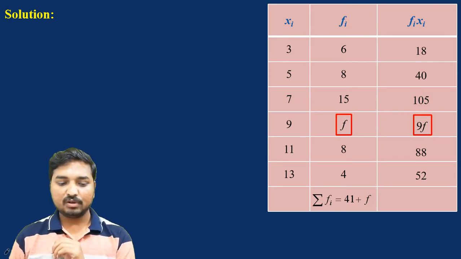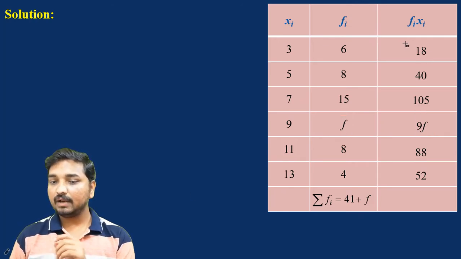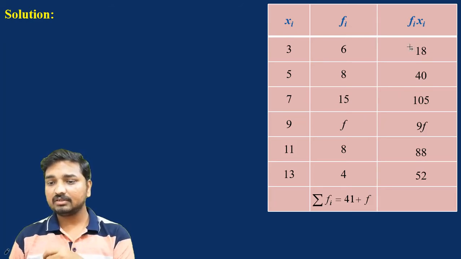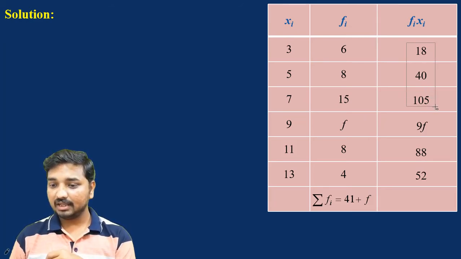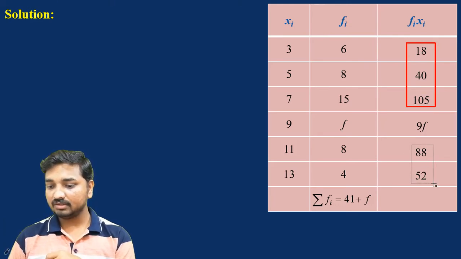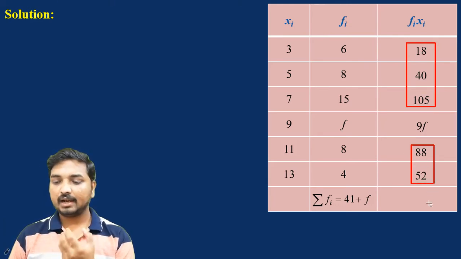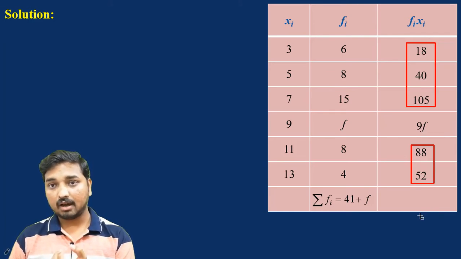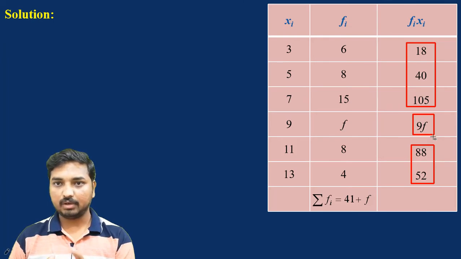Now what is the next step? You need to take the sum of the last column. Here also the same thing will happen. You need to take the sum of these three numbers and again the sum of these two numbers. Take the sum of these numbers, write down the sum you got, and after that write plus 9f. Here it is a variable, we can't add it with the numbers, so that's why you need to write it like this.